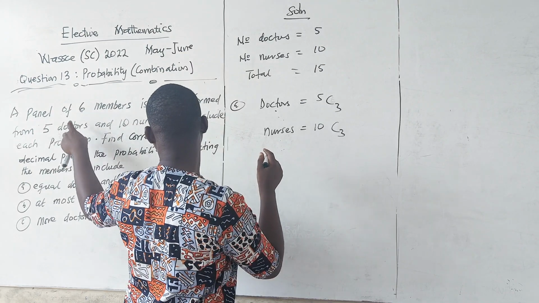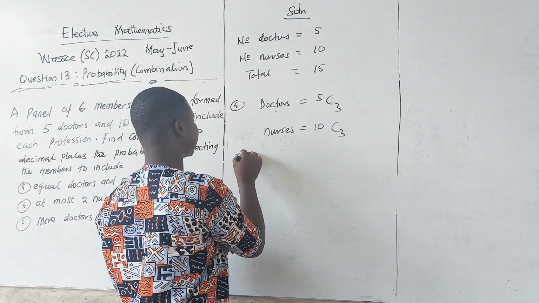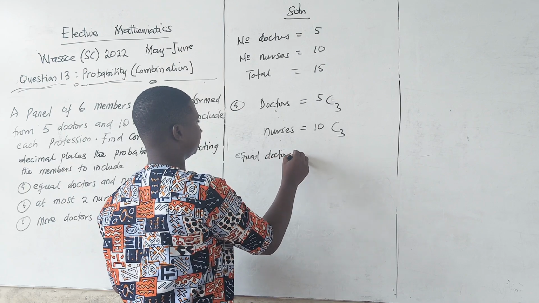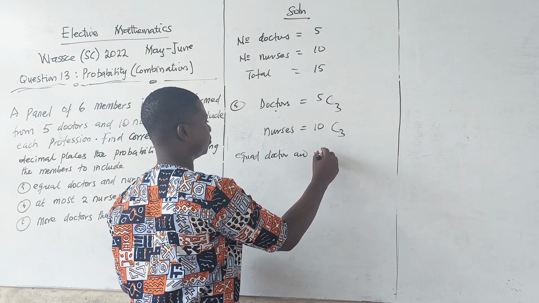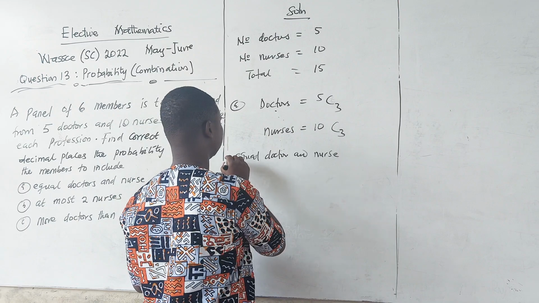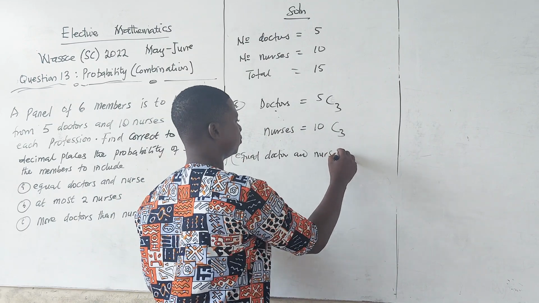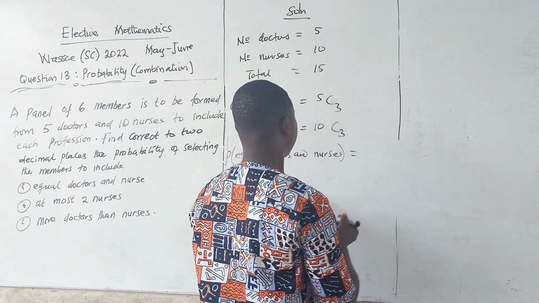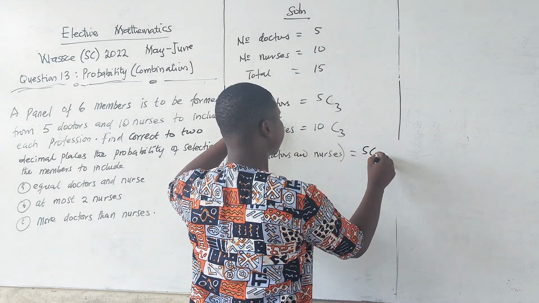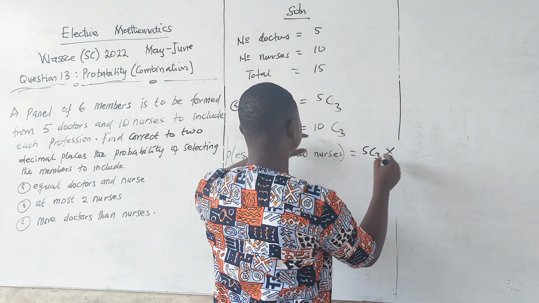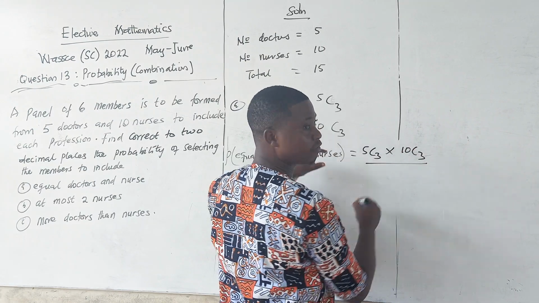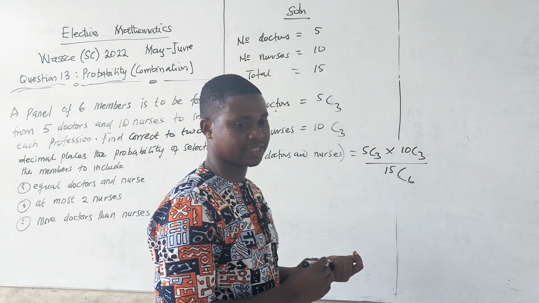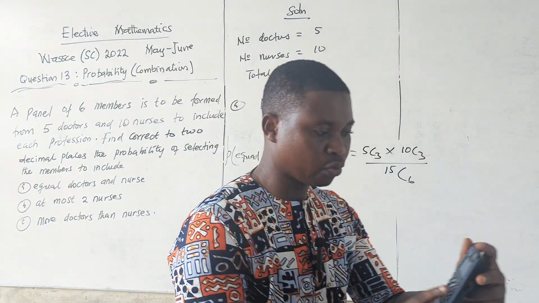So for the first one, the equal number of doctors and nurses, it becomes 5 combination 3, that's 5 choosing 3, times 10 combination 3, all over 15 choosing 6. So with this, let's look at our calculator.